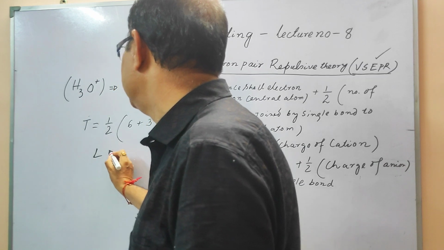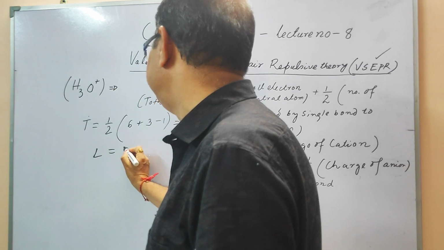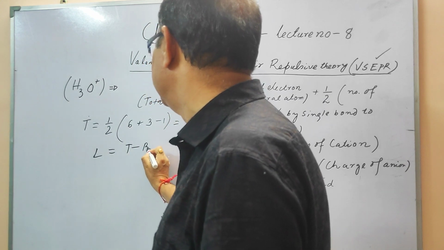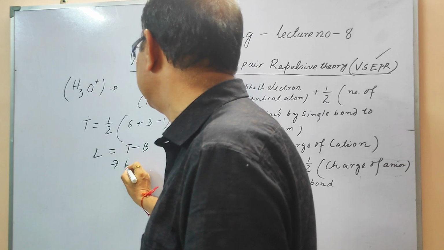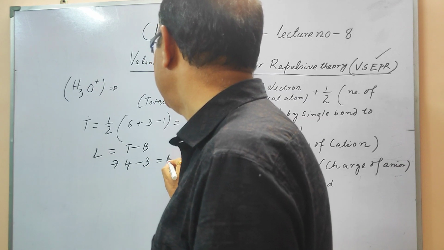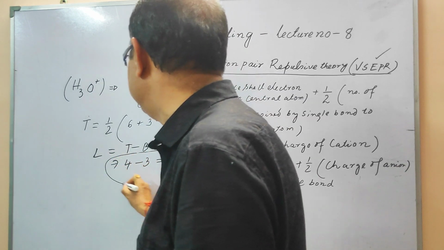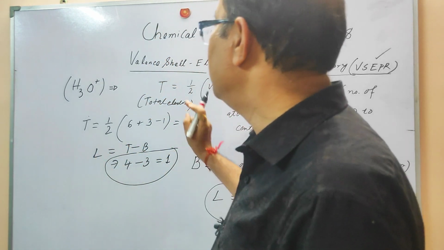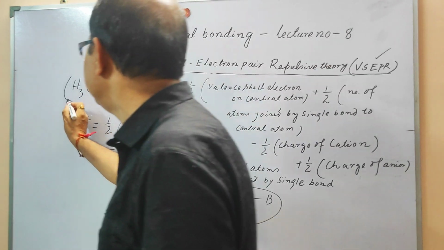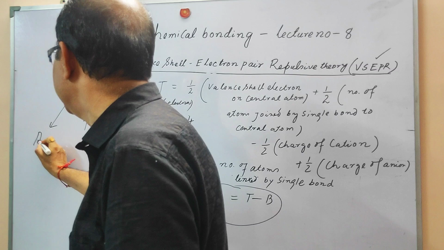So the lone pair L is T minus B. T is 4 and B is 3, which means it will have one lone pair of electrons.